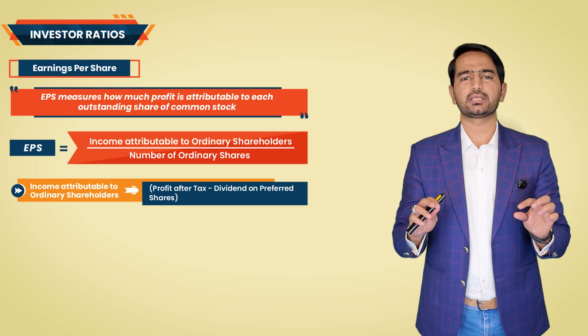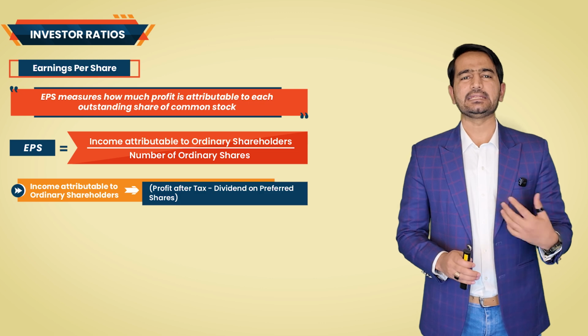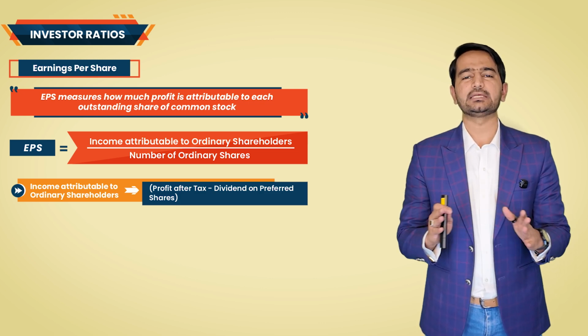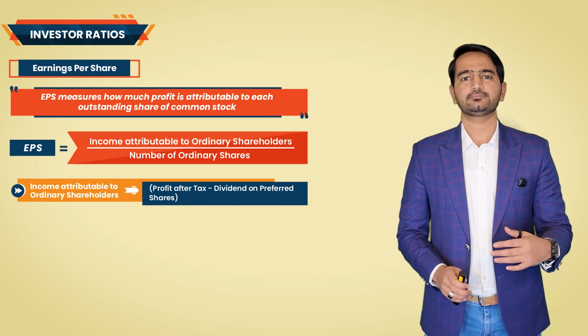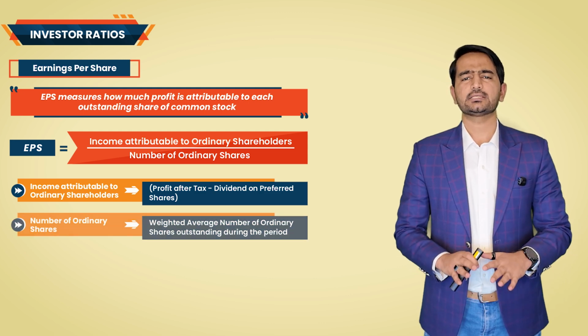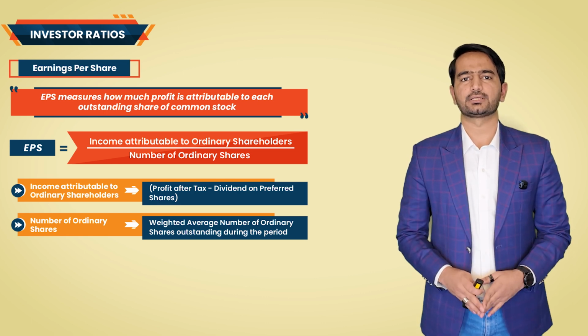The adjusted numerator, that is net income minus preferred dividend, indicates the profit available for ordinary shareholders after meeting the fixed obligation to the preferred shareholders. And then the third component is the number of ordinary shares. This is the total number of common shares that are outstanding during the period.